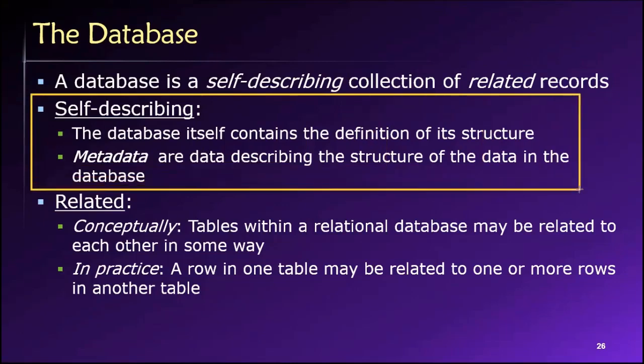When we say that a database is self-describing, what I mean is that the database does not just contain the data, but it also contains the definition of its own structure.